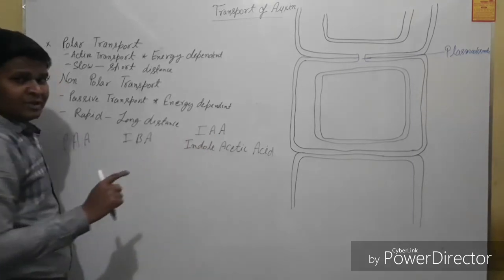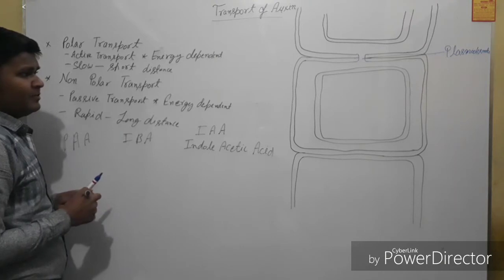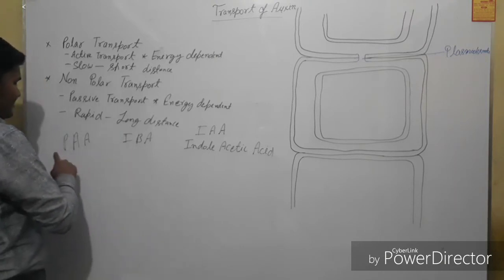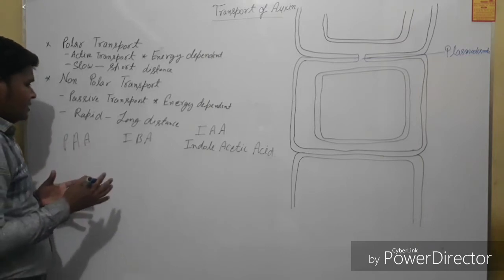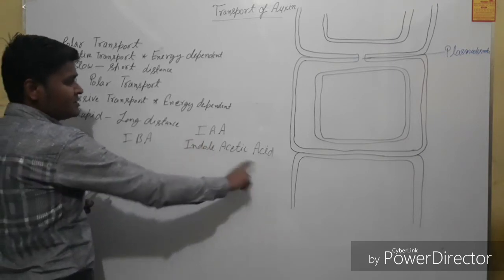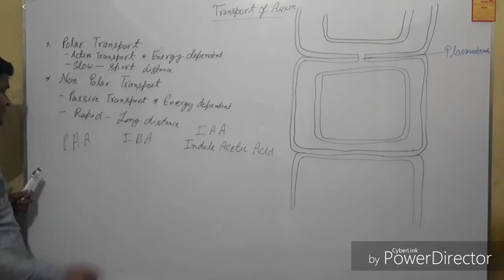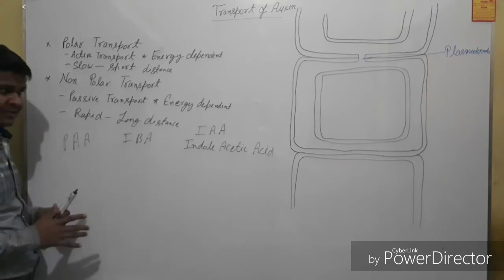IAA is mostly present in all the species of plant, and IBA and PAA are also natural auxins. IAA means indole acetic acid, IBA means indole butyric acid, and PAA means phenyl acetic acid.